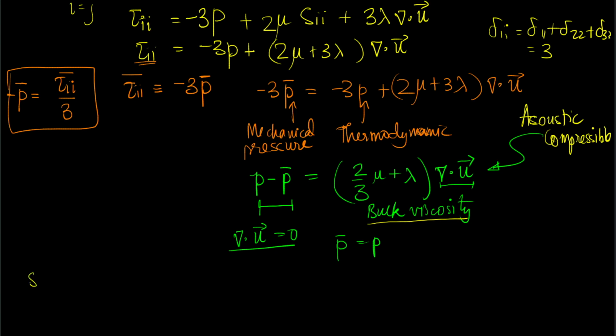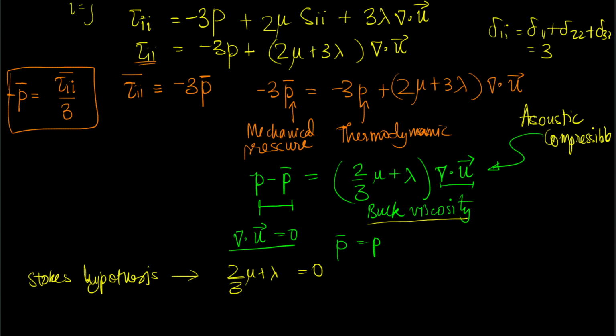The Stokes hypothesis says that 2 by 3 mu plus lambda is equal to 0, meaning the bulk viscosity is 0. And in fact, it is 0 for most monoatomic gases, but for polyatomic gases, this is actually non-zero. Because it is that microscopic detail of being polyatomic that imparts a certain compressiveness when the flow of such fluids does happen.